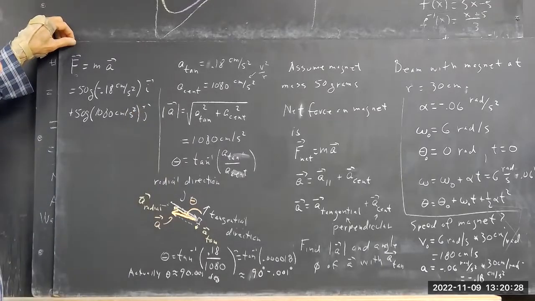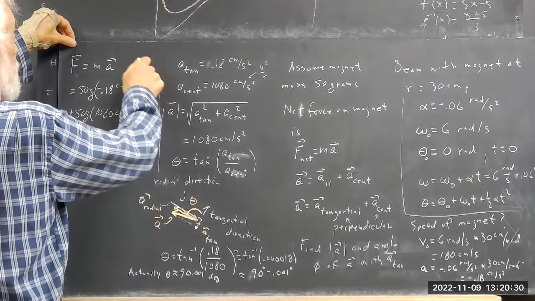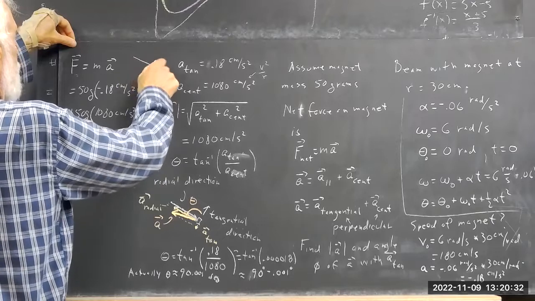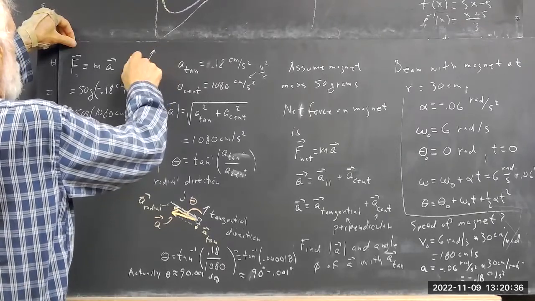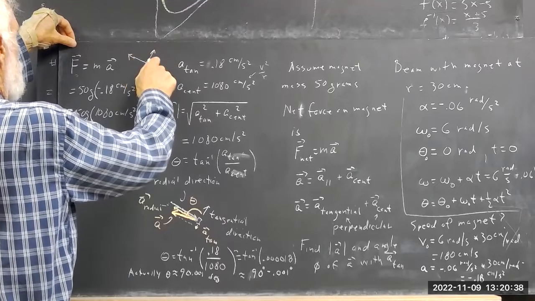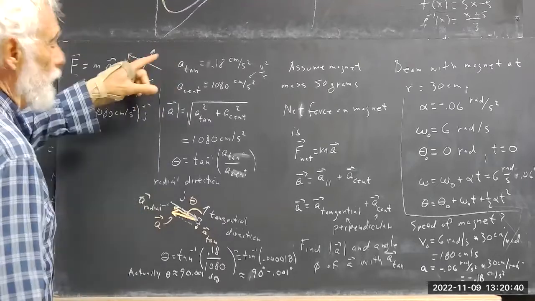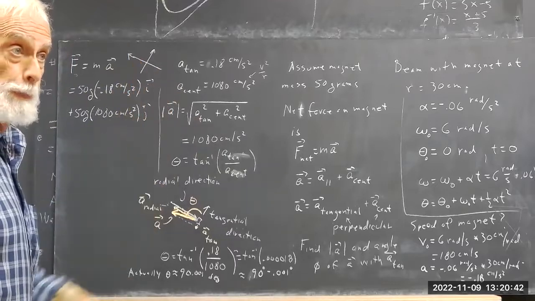Okay. So here we are at an instant. Our I and J vectors are in the direction of motion and in the direction of centripetal acceleration.